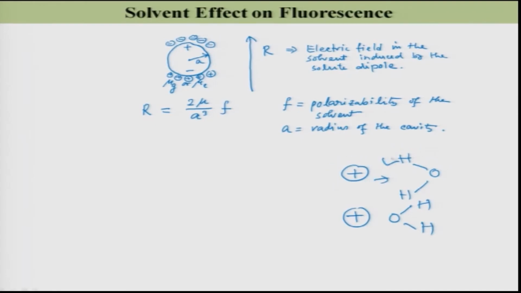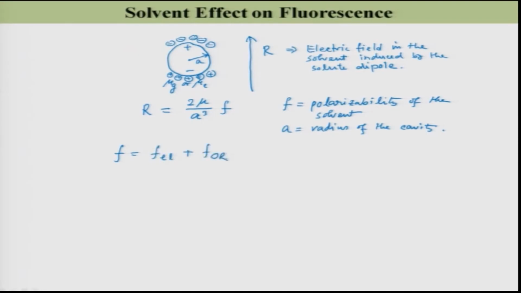So, this is called the orientational polarizability. I can write F as two additive terms: F_EL plus F_OR. F_EL can be written as (n squared minus 1) by (twice n squared plus 1).